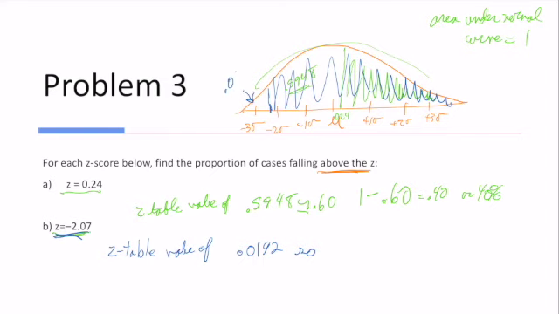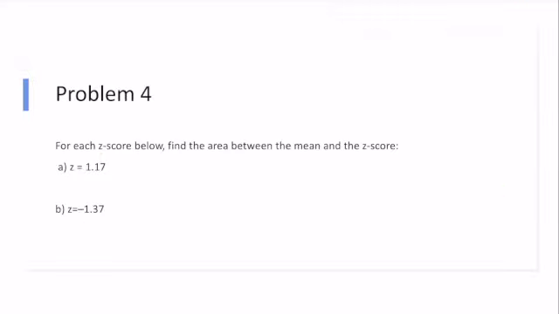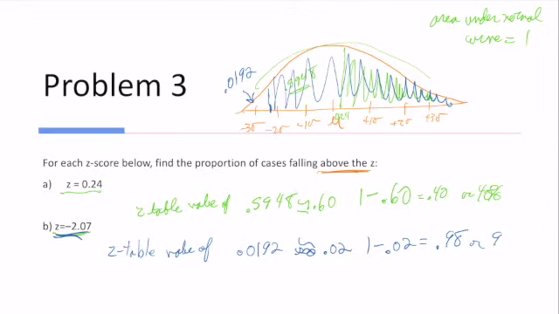I look up and find that this little tail right here has an area of 0.0192. So we'll round that to 0.02. Take 1 minus 0.02. So the proportion of cases falling above this z value is 0.98, or 98%.